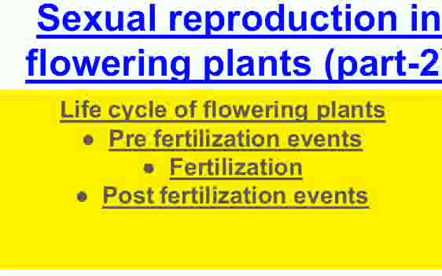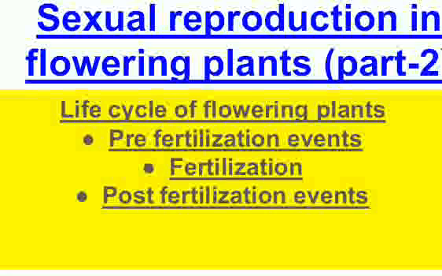This sexual reproduction is a continuous process, but for our convenience of understanding, we have divided the life cycle of the flowering plants into 3 steps, that is pre-fertilization events, fertilization and post-fertilization events.